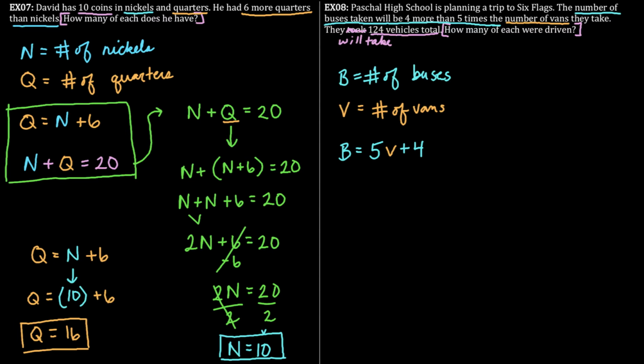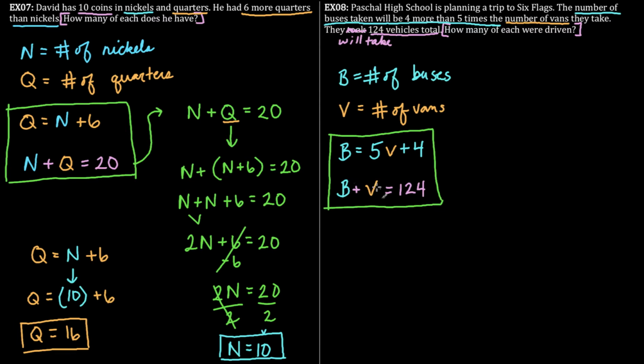So the number of buses plus the number of vans that they take will total 124. So let's box our equations here.